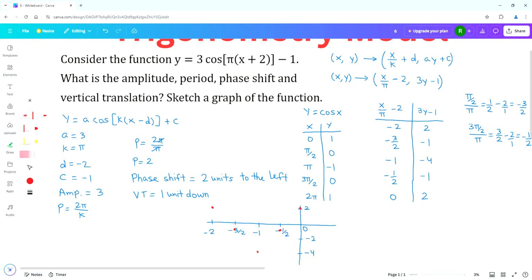Now we can join these points in the form of a wave. So this is the sketch of one full cycle for the transformed cosine function.